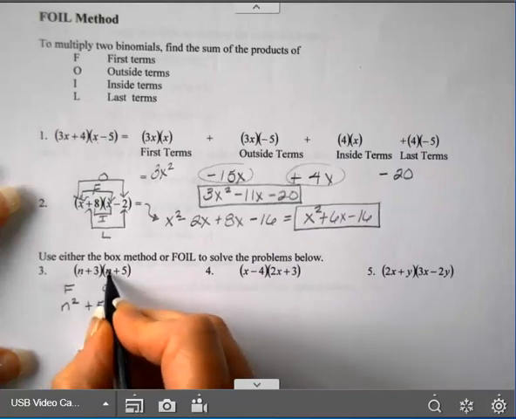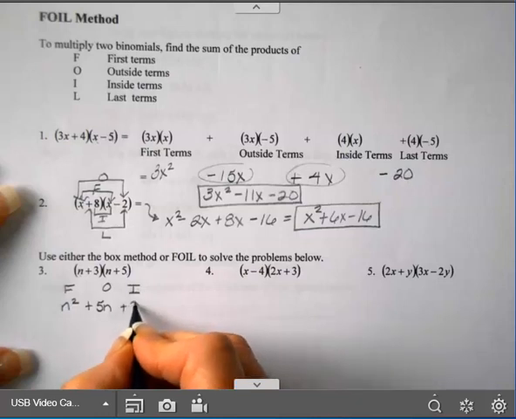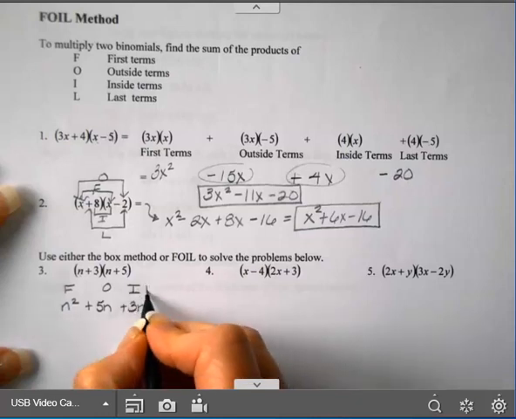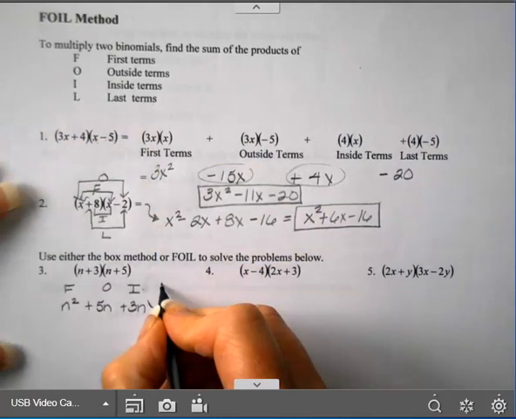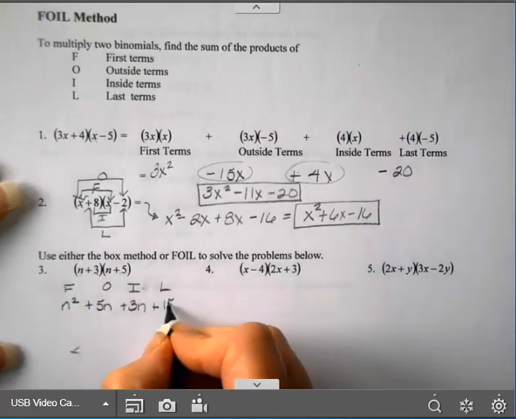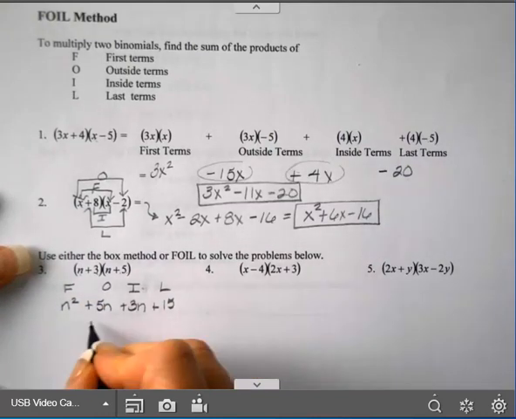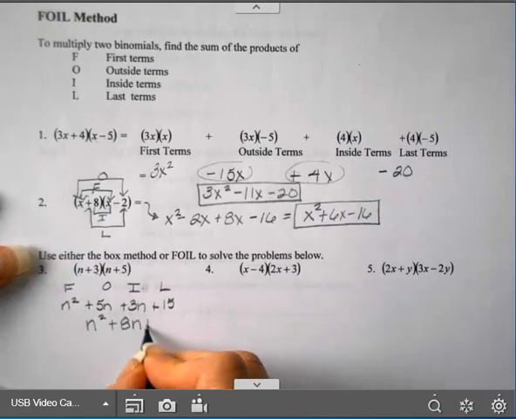Inside terms are the ones closest to each other, so that's going to be the 3n. And then lasts, I'll have the 3 and the 5, which gives me 15. And you can go ahead and collect your like terms, so this is going to be n squared plus 8n plus 15.